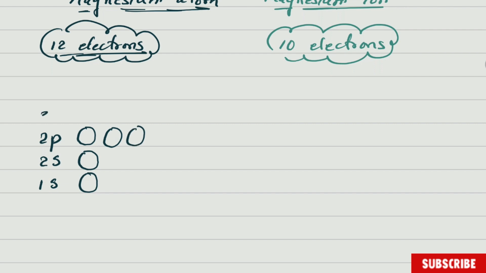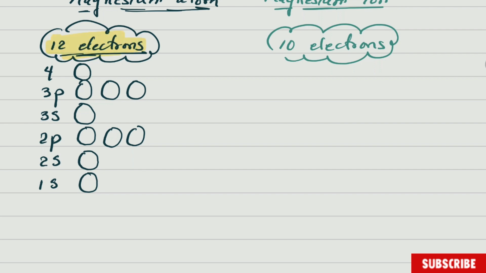Then it's coming 3s with another circle. 3p with another 3 circles. And 4s with 1 circle. And we have to represent here 12 electrons.